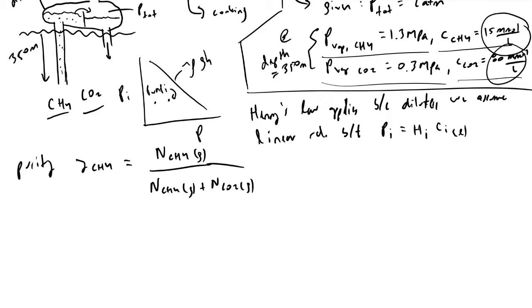Because we're dealing with a two-component binary system here, this is what our denominator will look like in our mole fraction. Our goal here is to figure out what these terms are.